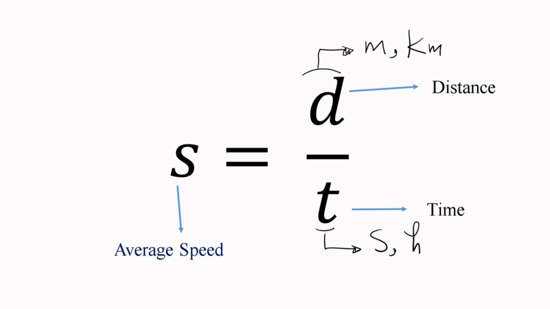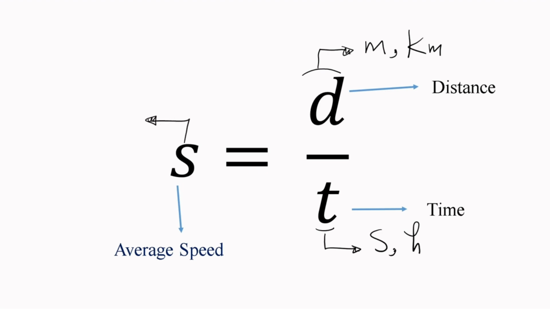For example, if the question says calculate average speed based on centimeter per hour, you have to calculate D based on centimeter. And sometimes the question wants to use customary units, and it would be really simple, and I already taught you how to convert customary units to each other.